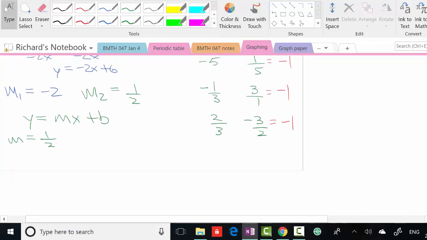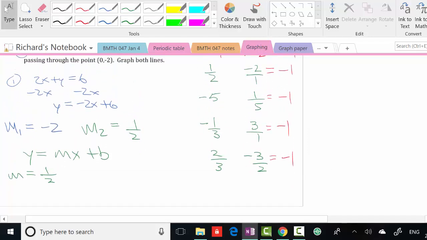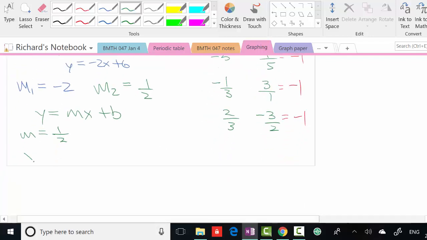And it's going through a point. The point that this second line is passing through is 0 and minus 2.